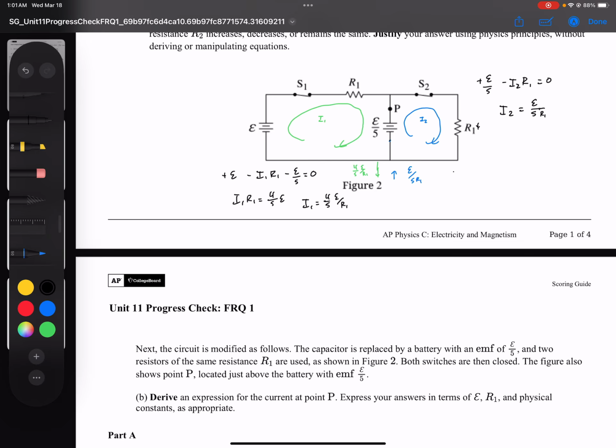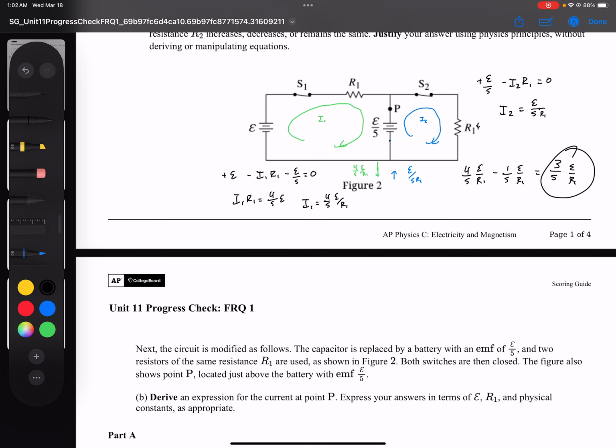So I'll just take the larger current minus the smaller one. I have 4 over 5 epsilon over R1 minus 1 over 5 epsilon over R1. And that's how we get our answer of 3 over 5 epsilon over R1. All right, so that's our answer.